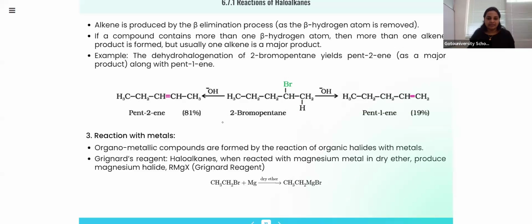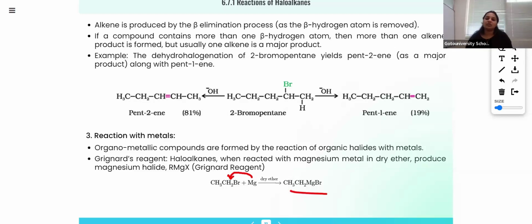Now, reaction with metals. When haloalkanes react with a metal like magnesium, the magnesium metal is inserted between the alkyl group and the halogen, and the compound produced is called Grignard reagent. Commonly we write the formula as RMgX. R is the alkyl group, X is the halogen, and this is the inserted magnesium.